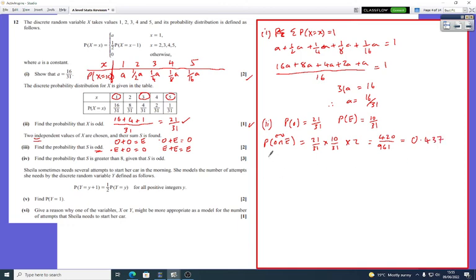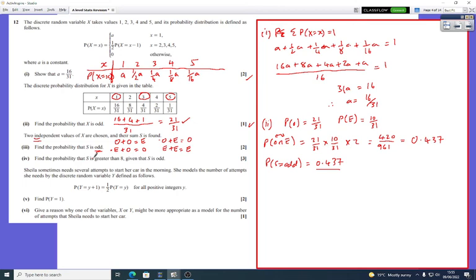Okay, so that is the probability of getting an odd number. Find the probability that S is odd. It's done that. So you can write probability S equals odd, which is 0.437. Done.